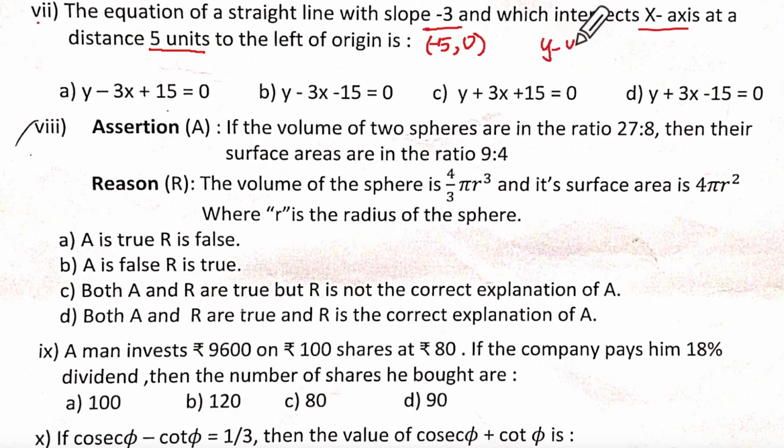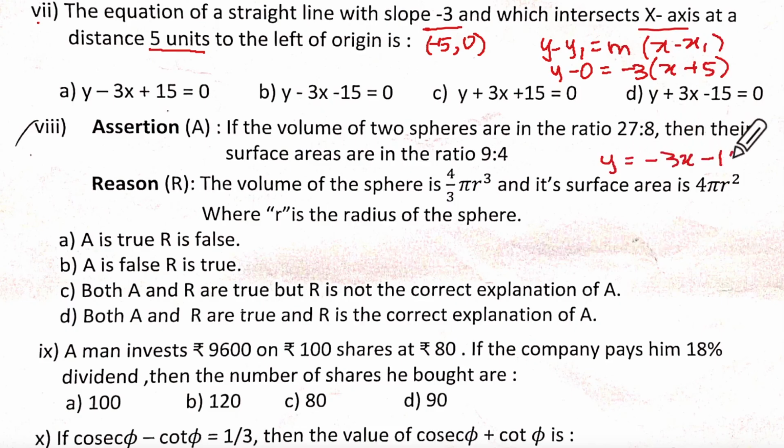So you will say y minus y1 is equal to m into x minus x1. So y minus 0 is equal to -3 into bracket x minus minus means plus 5. So y is equal to -3x minus 15. So 3x plus y equal to -15, or 3x plus y plus 15. Correct? This is the correct option.